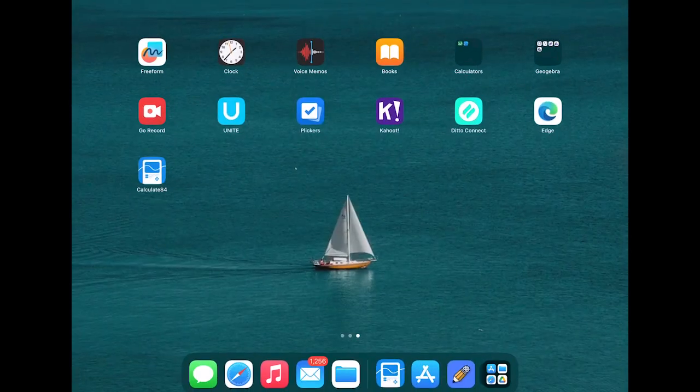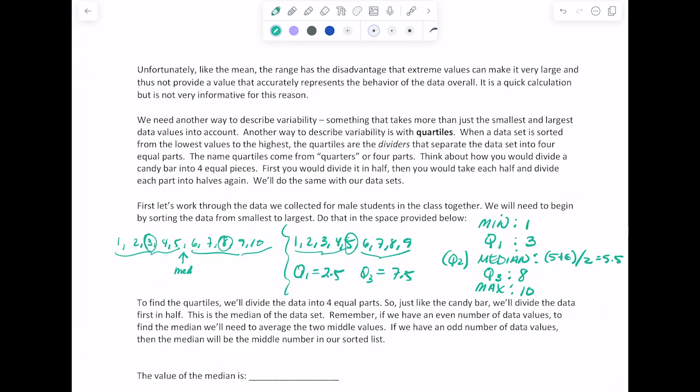So when you are finding the 5-number summary, which is right here, you're going to not include the median when you're finding the quartiles. Okay, so that's very important. Okay, so let's write that down. So we've got our 5-number summary here.